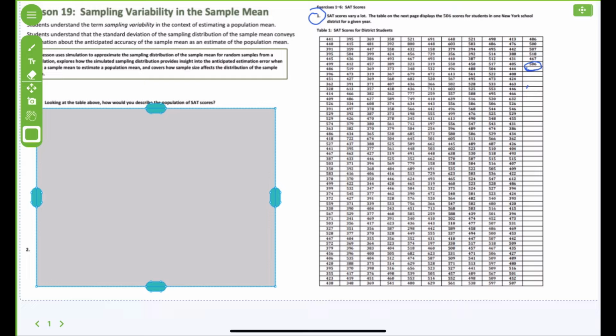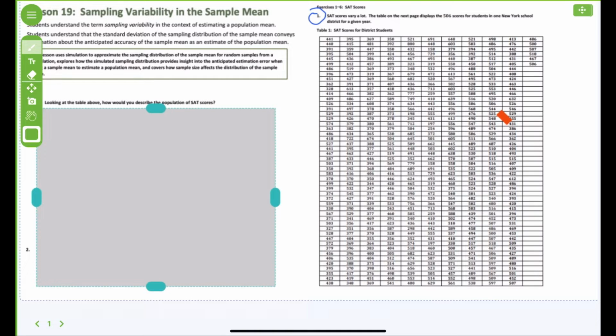Looking at that table, how would you describe the population of the SAT scores? Wow. So this is a bunch of scores here. Just by taking a glance, the easiest way to talk about it would be to give the range, the highest and the lowest, and even that is hard to find.